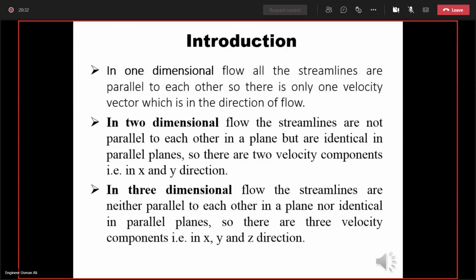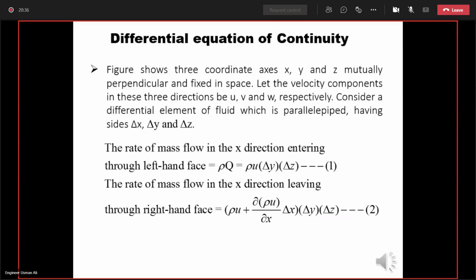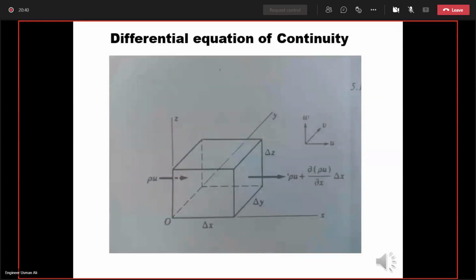We also derived the differential equation of continuity. We consider a differential three-dimensional element of the fluid in x, y, and z direction, having dimensions delta x, delta y, delta z, and having velocity components u, v, and w in x, y, and z direction.